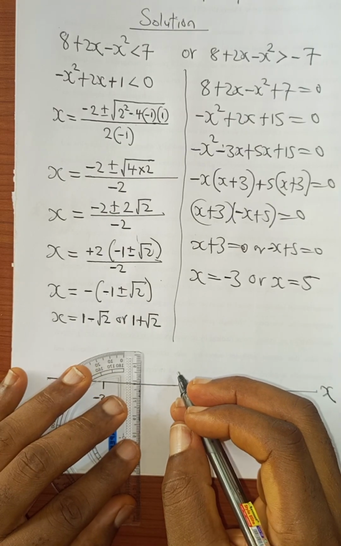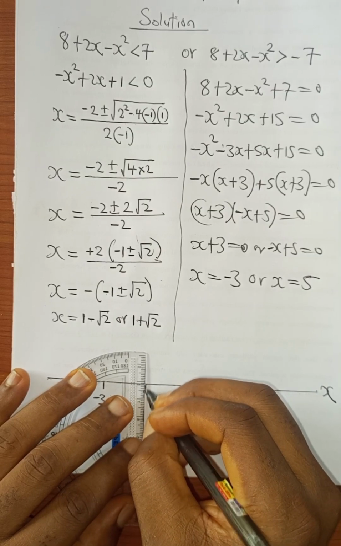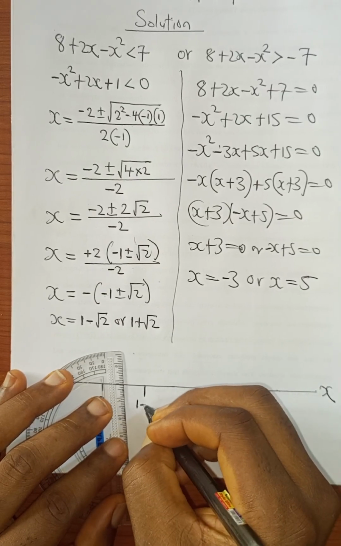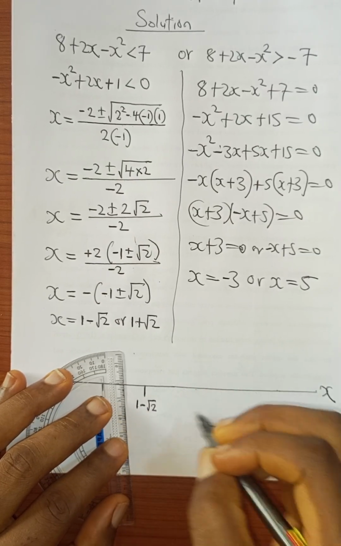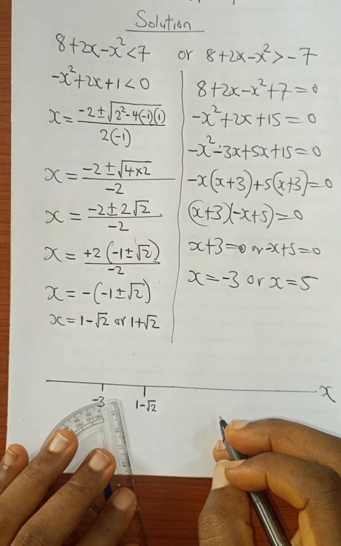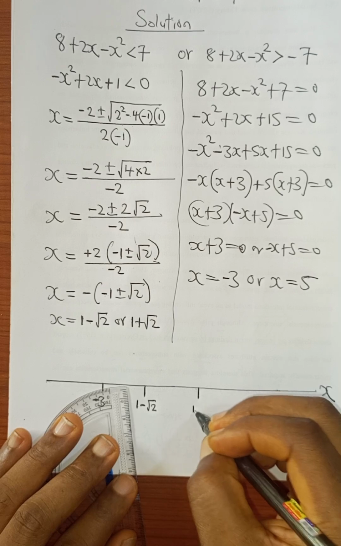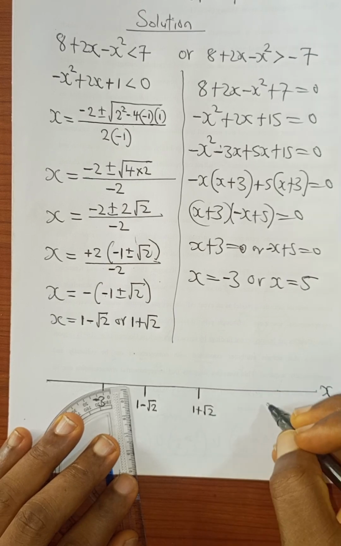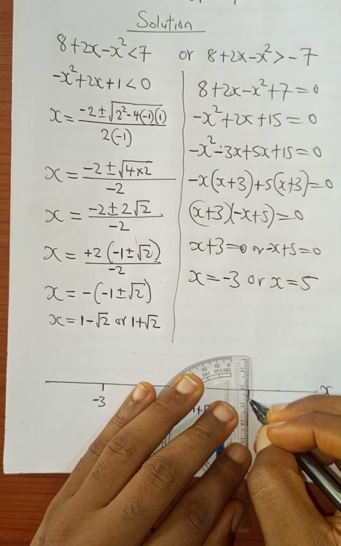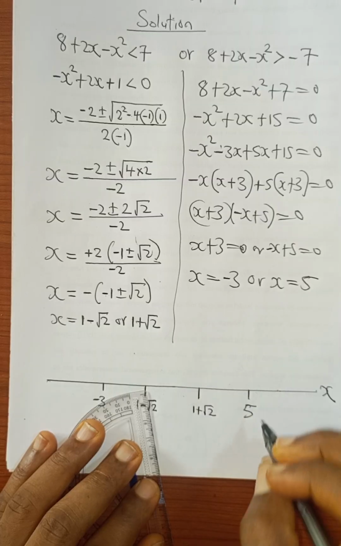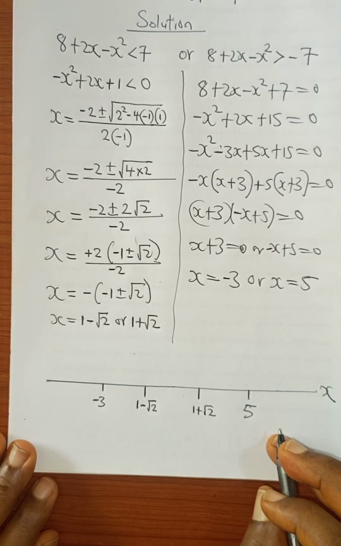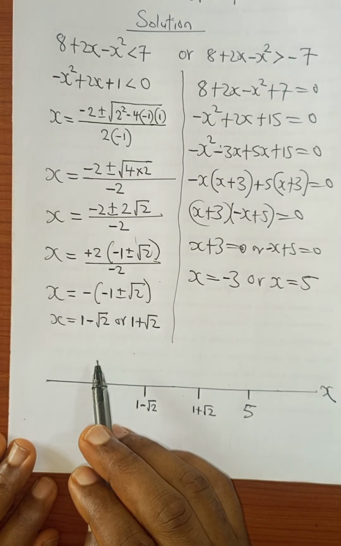This is negative. So we'll put it here. That is 1 minus root 2. It's a negative value. Then after that, followed by 1 plus root 2. Then followed by 5.